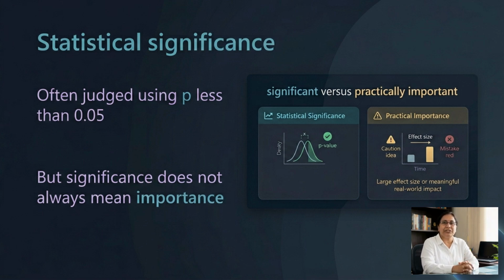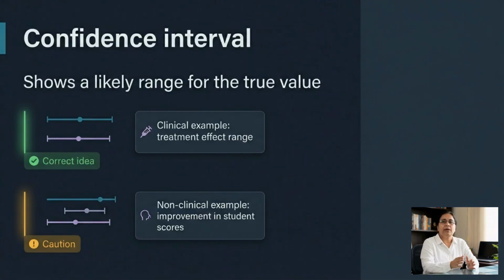Statistical significance does not automatically mean that the result is large, clinically important, or useful in real life. It only means that the observed result may be less likely to have occurred by chance alone, given the test's assumptions.